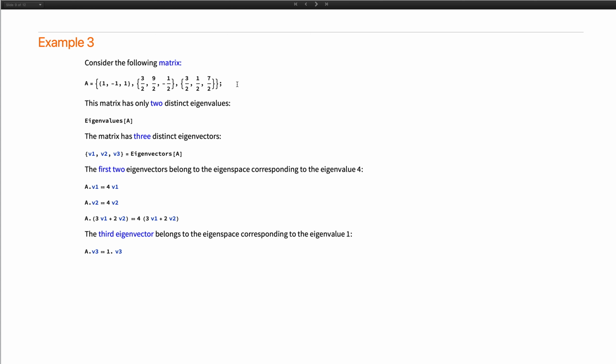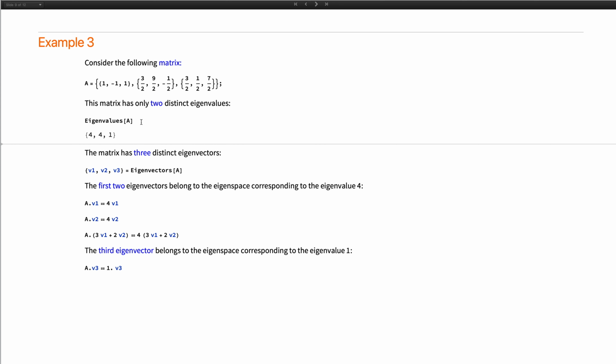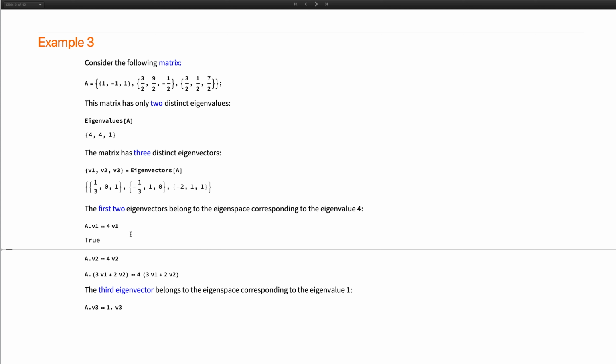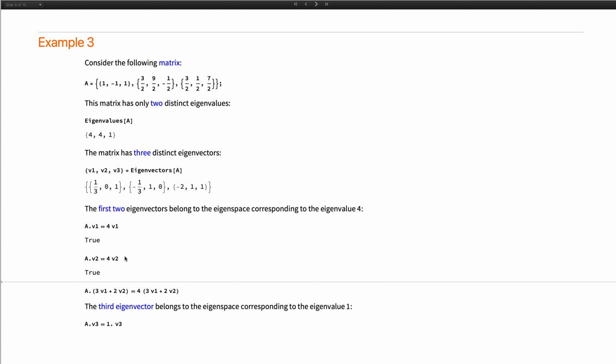Okay, so as an example, here is a 3 by 3 matrix A. Work out the eigenvalues. You see there are only 2 distinct eigenvalues, but there are 3 distinct eigenvectors, and the first 2 over here in the list, v1 and v2, actually belong to the eigenvalue 4.